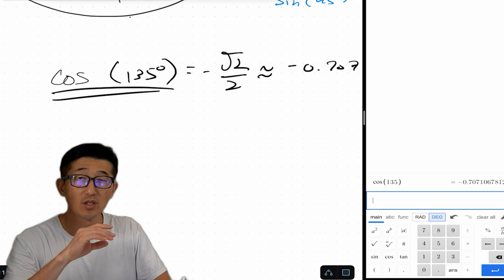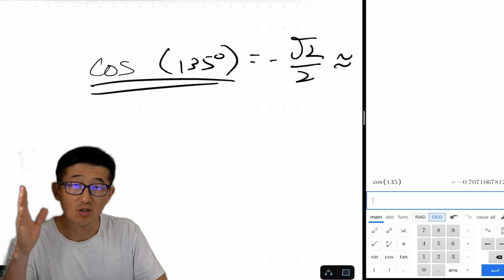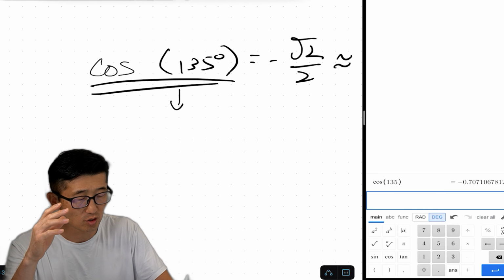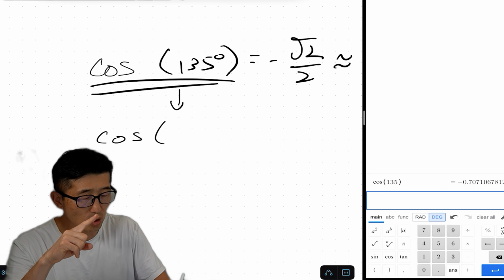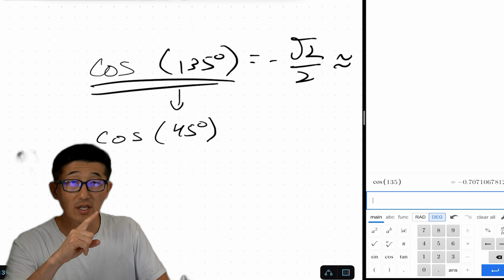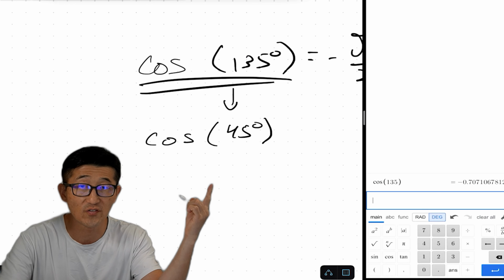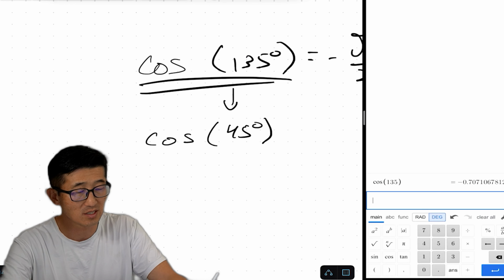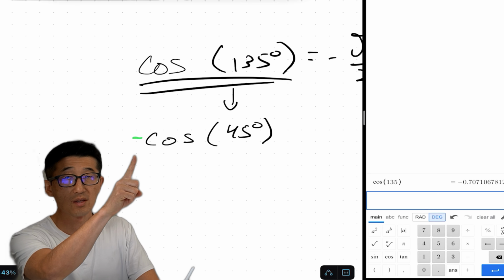Well, if you were doing cosine 135 by hand, you realize, okay, the reference angle is 45 degrees. So you'll say, hey, cosine 135 is the same thing as finding the cosine of the first quadrant answer. We call this the reference angle. But because it's in quadrant 2, this is going to be negative.